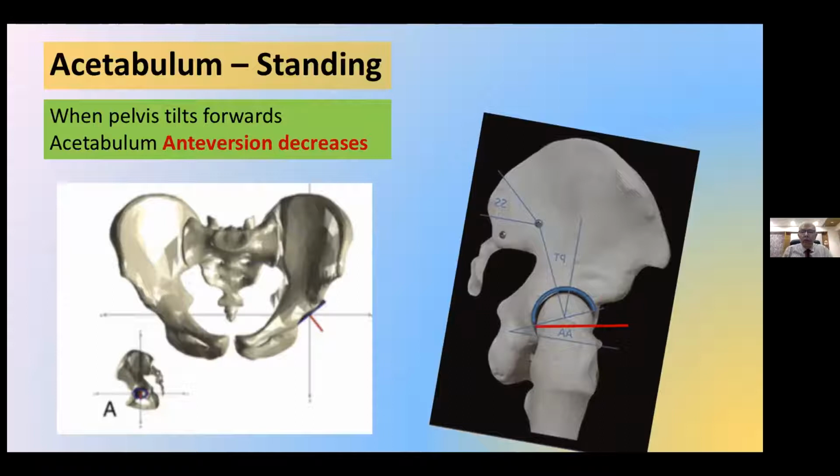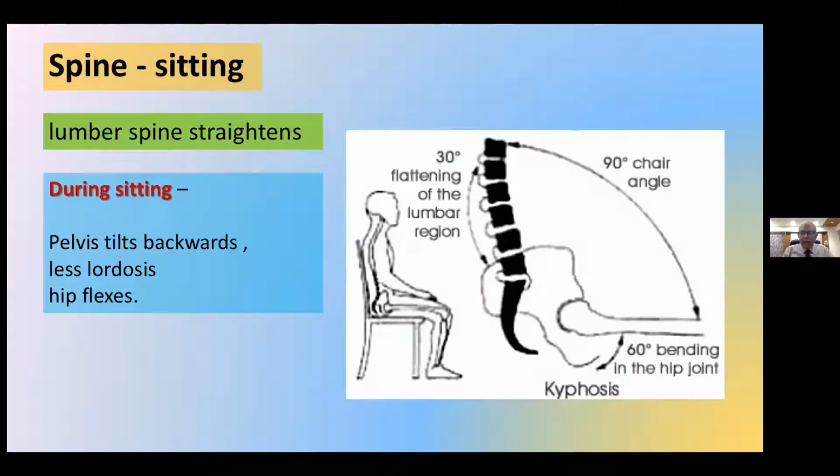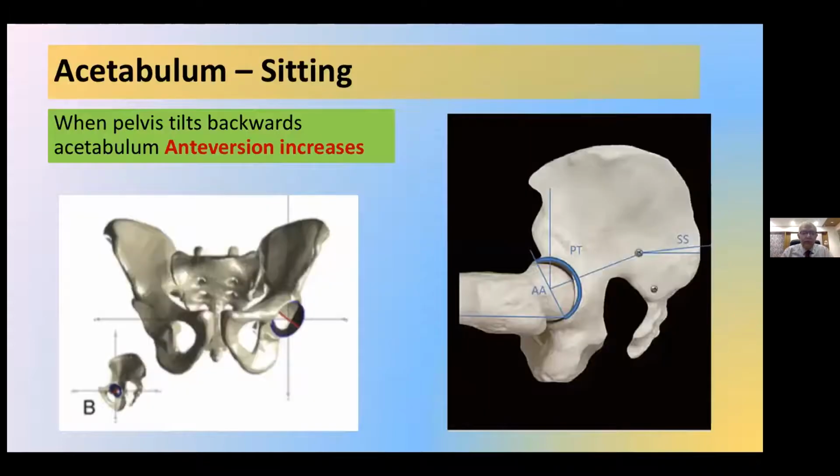But when you sit and change the position, the lumbar spine becomes straight from lordosis, the pelvis tilts backwards, there is less lordosis, and the hip flexes. So this is the normal change which occurs when you are sitting. And in this position, the acetabular anteversion increases. This is happening in a normal patient during normal activities of standing and sitting, as shown in this figure.